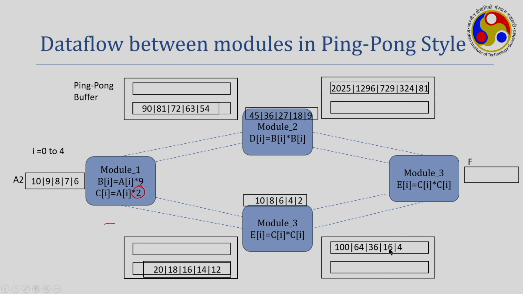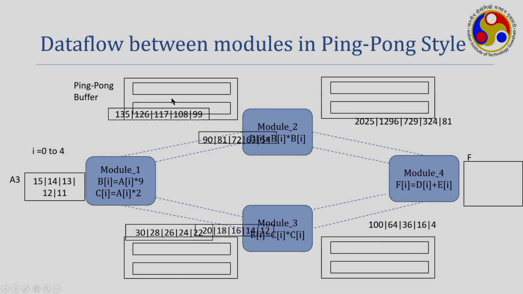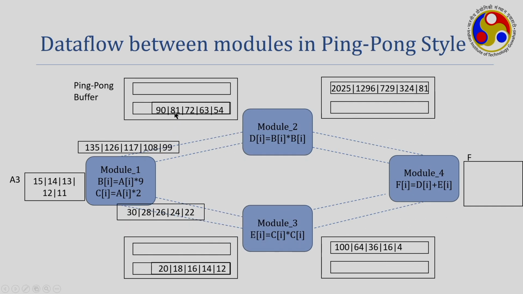So now the execution of modules 1, 2 and 3 is parallel, but reading and writing are happening from 2 different channels. In the next clock, module 1 takes A3, multiplies again and produces this data, which is written into the odd channel, and the even channel will be read by this module and this other channel.